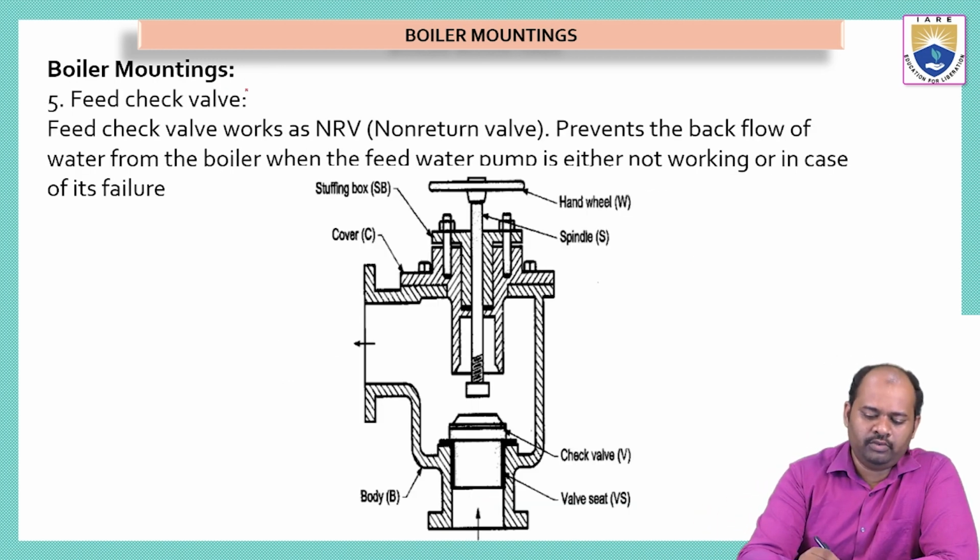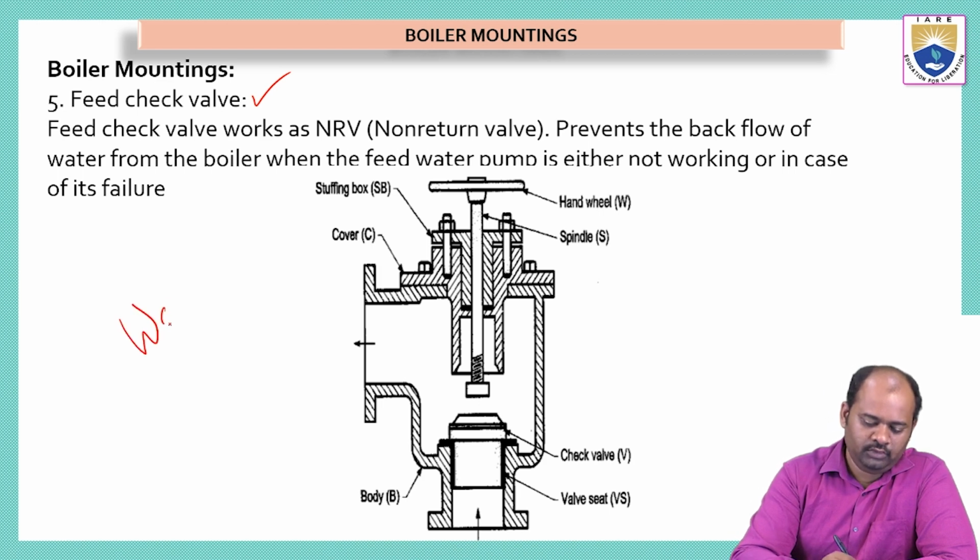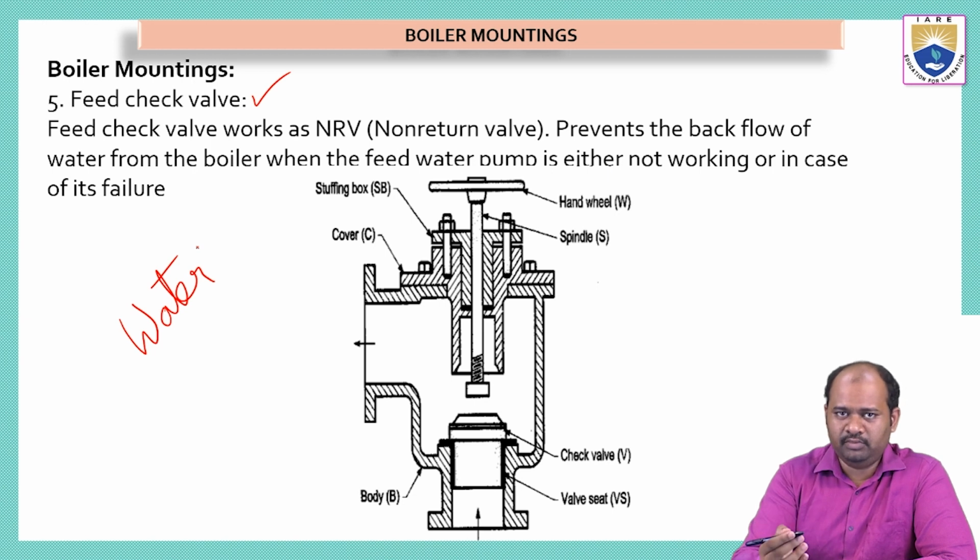Now another boiler mounting is the feed check valve. We have seen that we have to make water flow into the boiler when the level inside the tank is very low. We have to supply water into the boiler for the generation of steam, for which we connect the water supply pipe to the boiler.